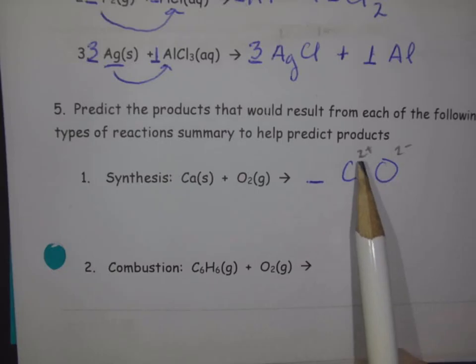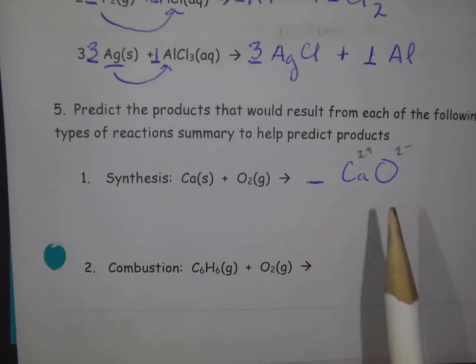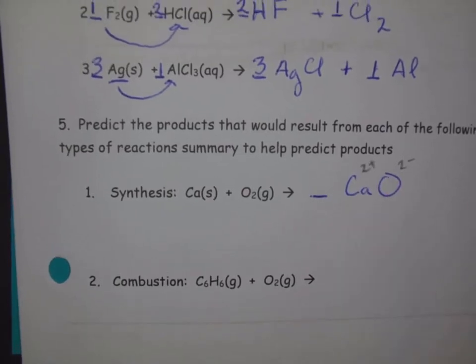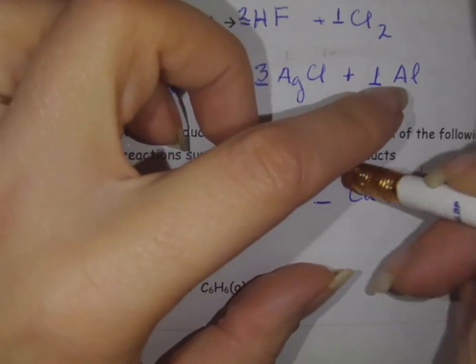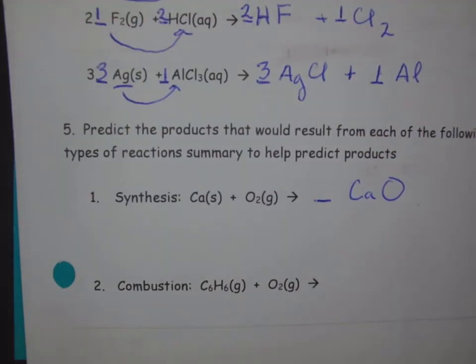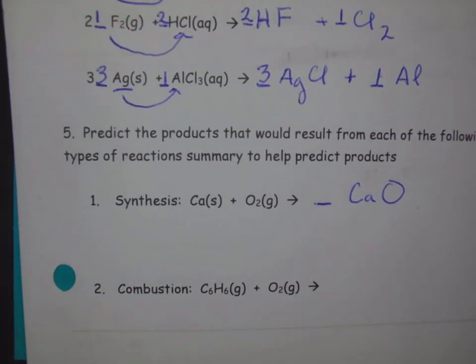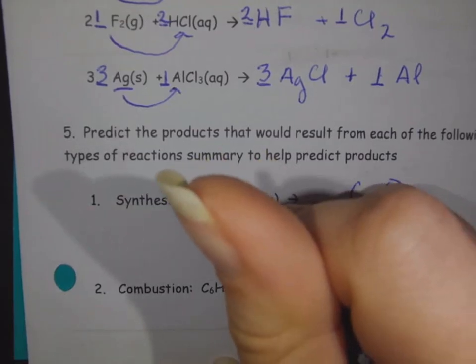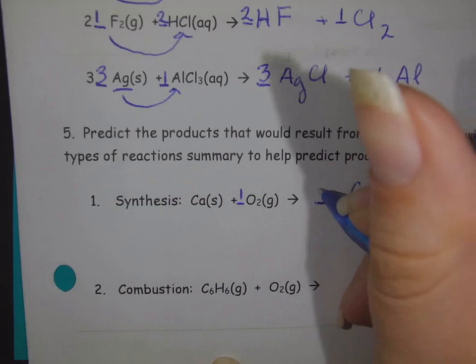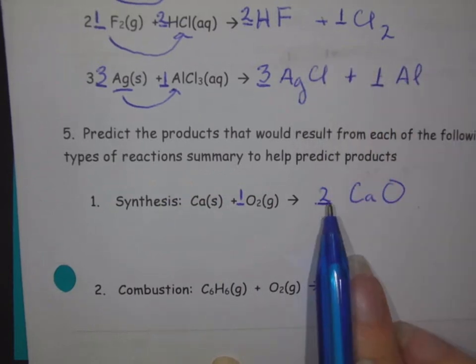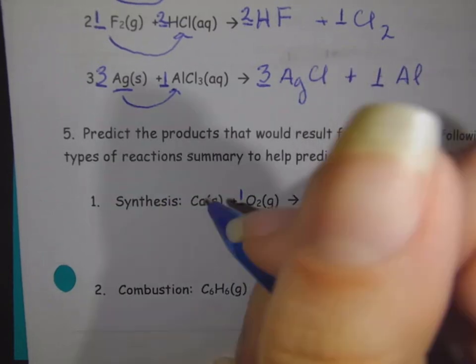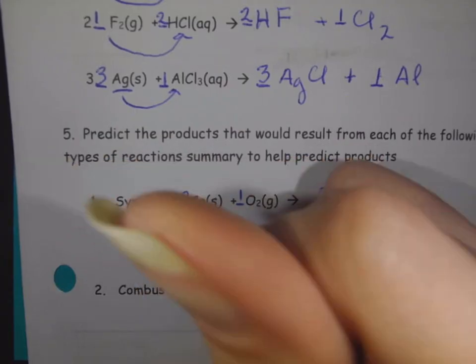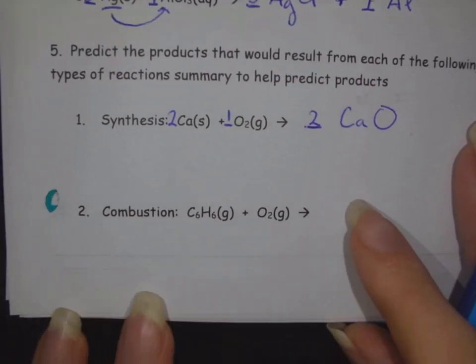This would also be true if it was like a 3 and a 3. So a 2 to 2 reduces to 1 to 1. Okay, so final step is balancing this equation, and we have 2 of these oxygen atoms, so I need a coefficient of 2. The 2 applies to both the calcium and the oxygen, so I would need a 2 there.